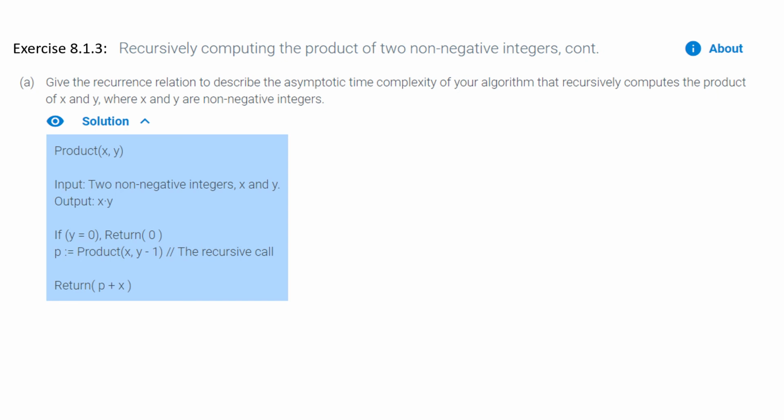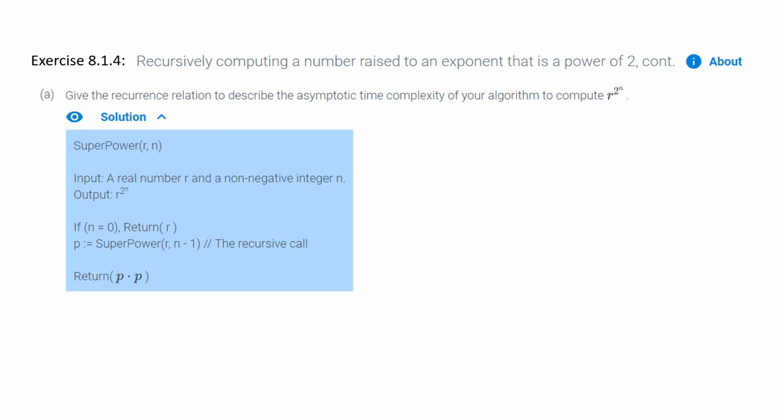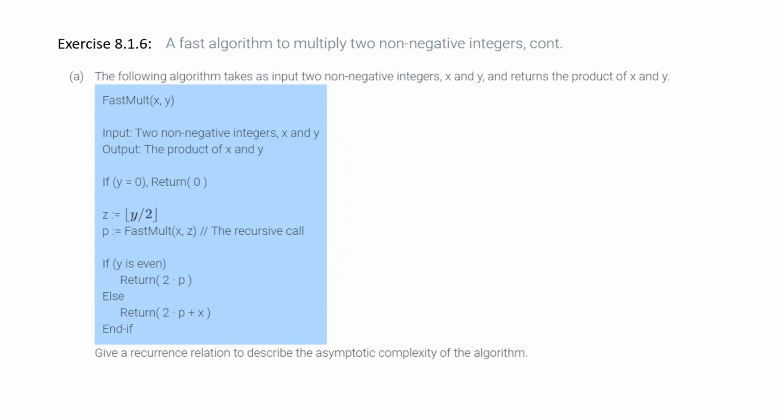So at the very least, just take a look at the solutions and make sure that you understand how they got them. Otherwise, if you have the time, you could try to figure it out yourself first and then check the solution. So there's 8.1.3 that would be good to look at. And then 8.1.4 is another one, and 8.1.6 is another one you can take a look at. So take a look at those to just give yourself some extra practice.